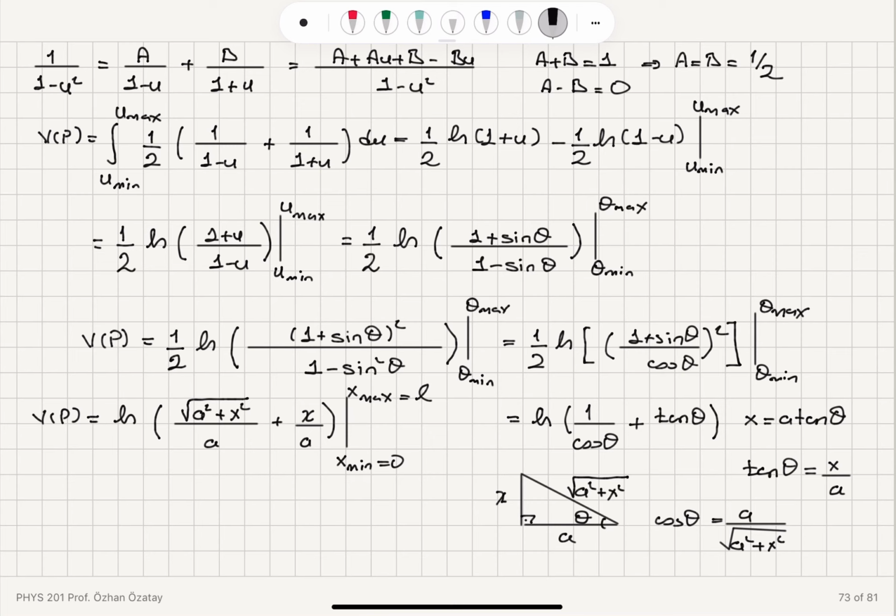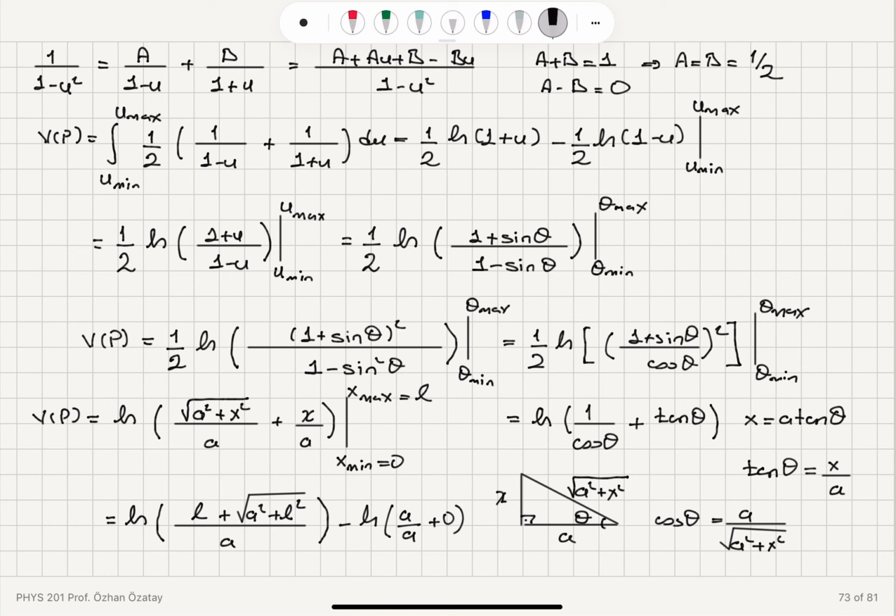So I can substitute these values. I obtain natural logarithm of, so I have the common denominator a here, you can see. x is equal to L gives L plus square root of a squared plus L squared over a, minus x is equal to 0 gives me natural logarithm of a over a plus 0. Natural logarithm of 1 is 0.